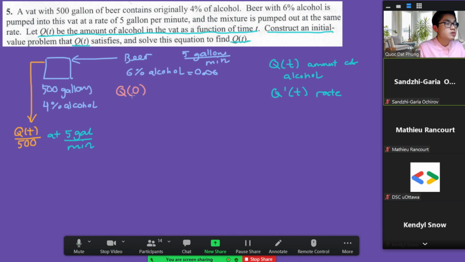When t is equal to 0, at the very beginning, what's the amount of alcohol? We know that we have 4% alcohol in 500 gallons, so that's just 500 times 4%, which gives you 20 gallons of alcohol.